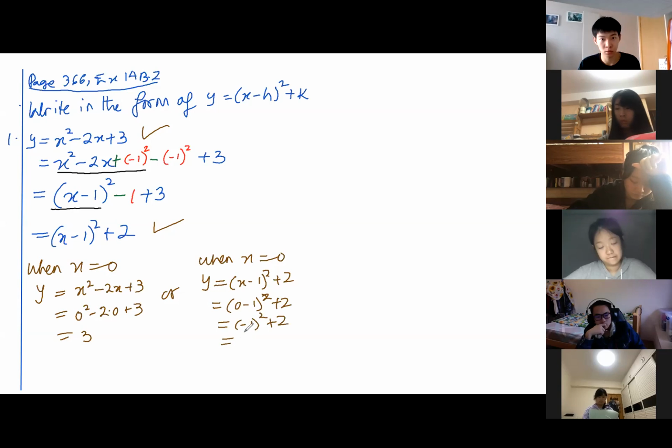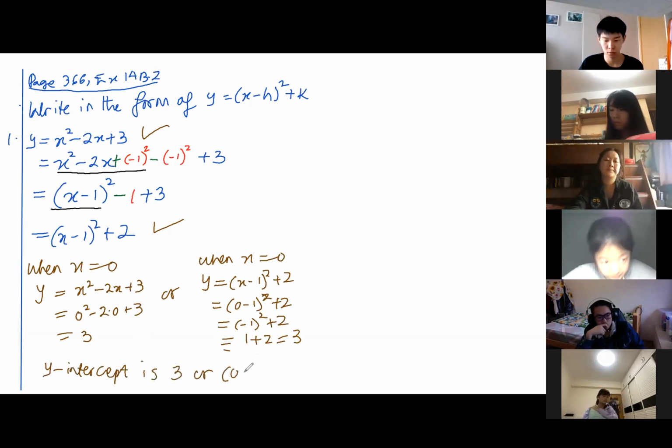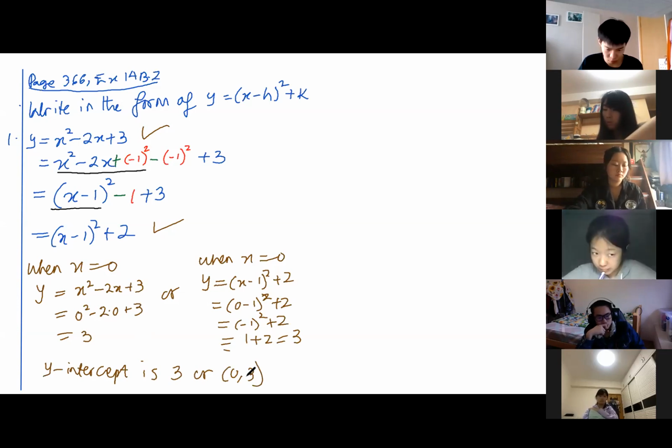Minus 1 squared is 1, plus 2, you still get 3 again. Okay, so the y-intercept: x is 0, y is 3. So y-intercept is 3, or you can say (0, 3). Okay, so with this, we can sketch.